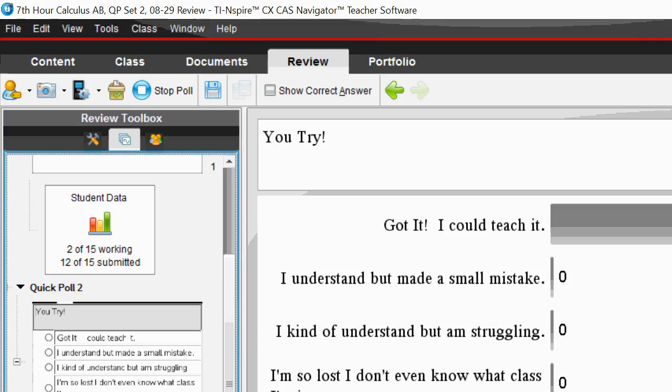Mine disappeared. Did you dock? I don't think I submitted, but it's not there. How do I get it back? Yeah, I have to send it back to you. Okay, got it.